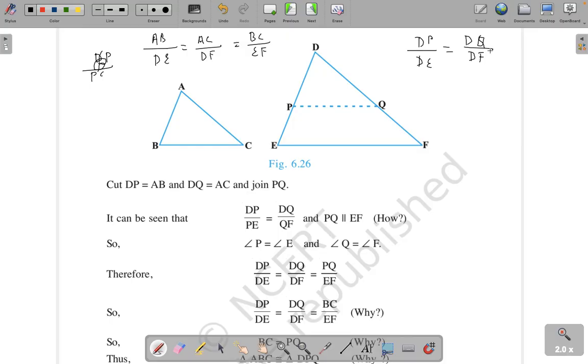Now what is the next step? So we flip it. So it's like undoing the part that we added, like the reversal. See, you know BPT: DP upon PE is equal to DQ upon QF, or DP upon DE is equal to DQ upon DF. Both correspond to BPT.